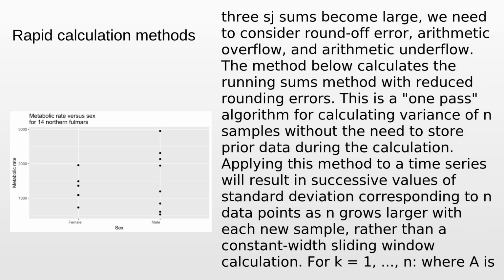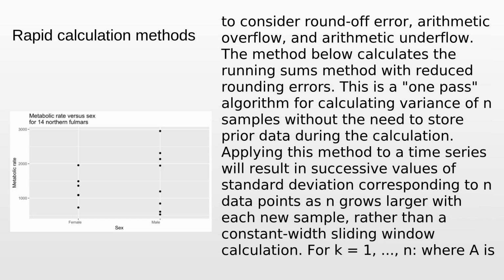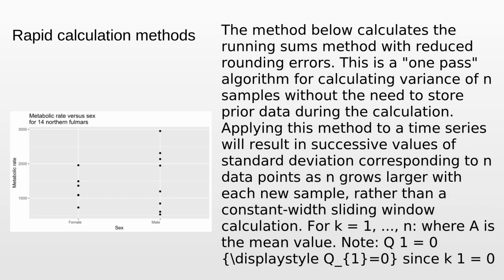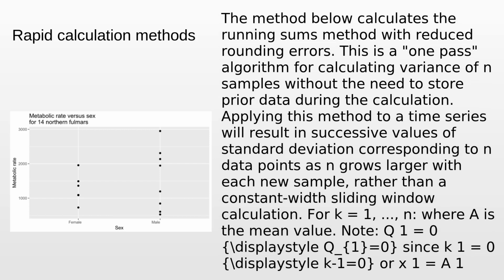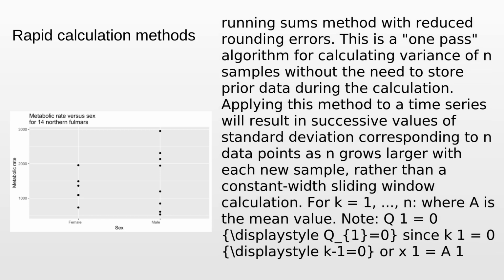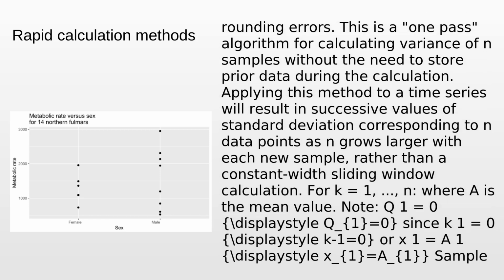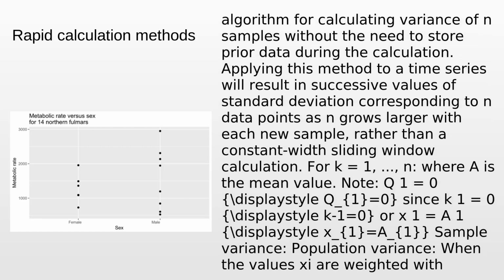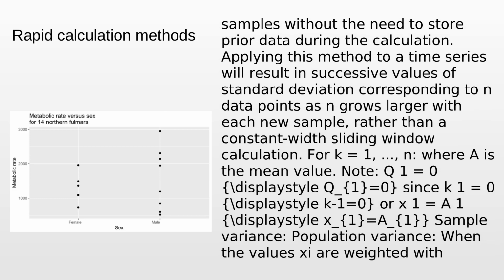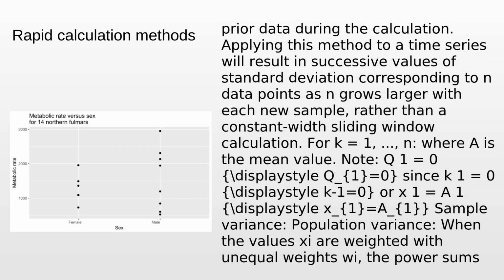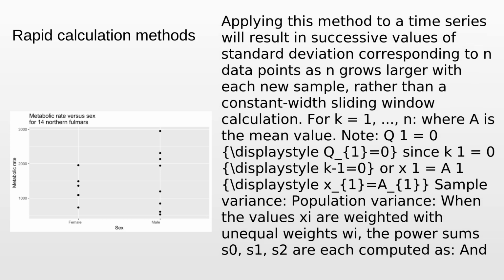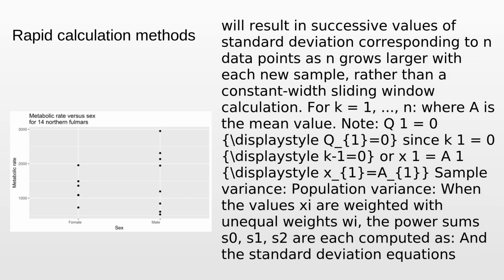The method below calculates the running sums method with reduced rounding errors. This is a one-pass algorithm for calculating variance of n samples without the need to store prior data during the calculation. Applying this method to a time series will result in successive values of standard deviation, corresponding to n data points as n grows larger with each new sample, rather than a constant width sliding window calculation.